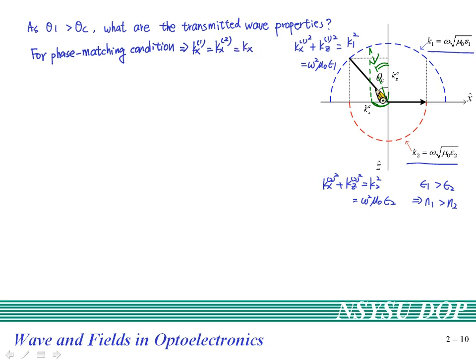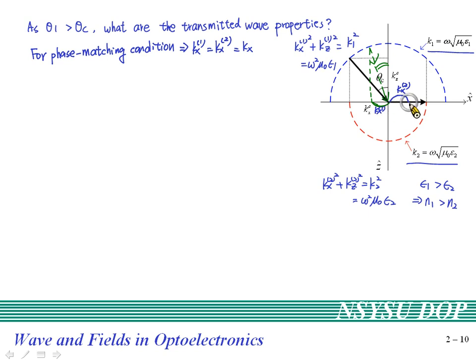Okay? Since kx1 should be equal to kx2, if we know the magnitude of kx1, then we can have the magnitude of kx2 here also. So this is kx2 and this is kx1.